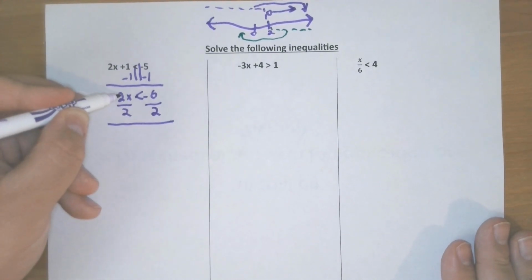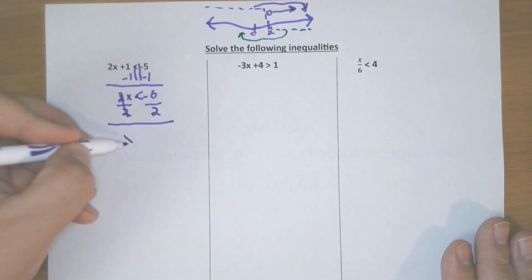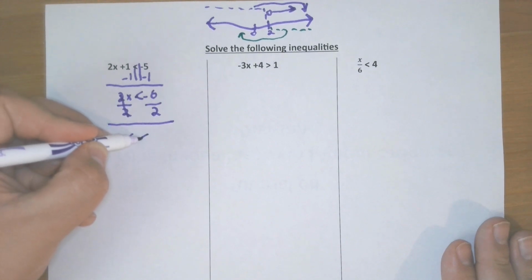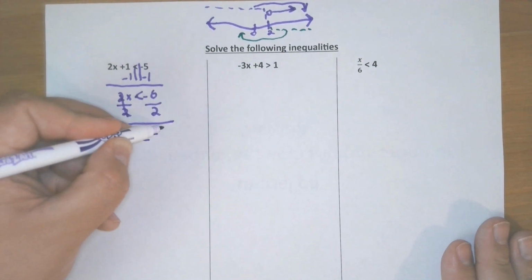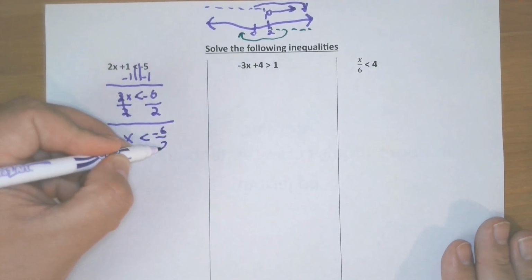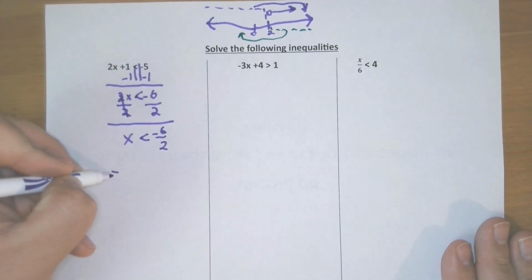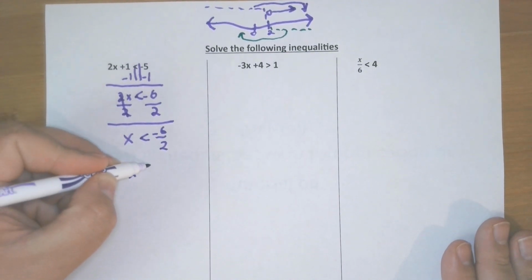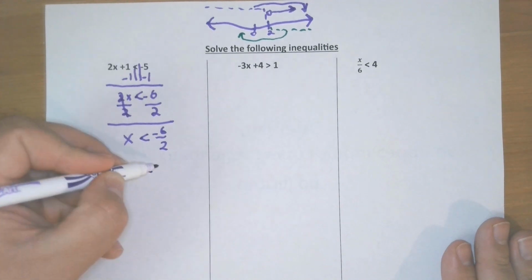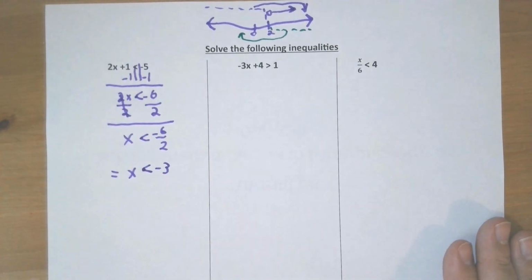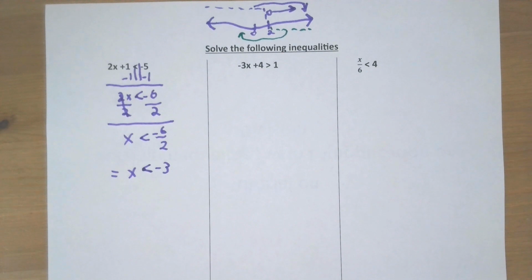That cancels, leaving me with x less than negative 6 over 2. But that reduces, so I get x is less than negative 3.